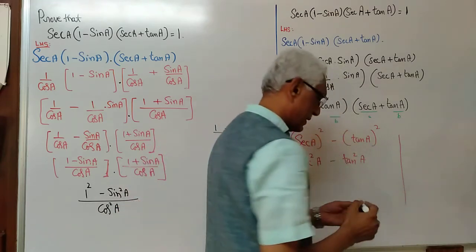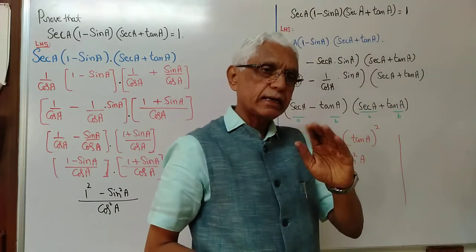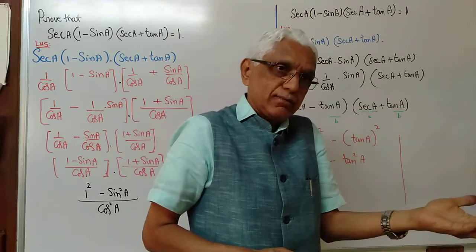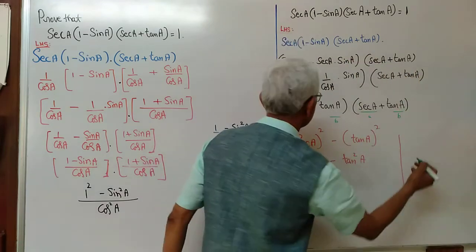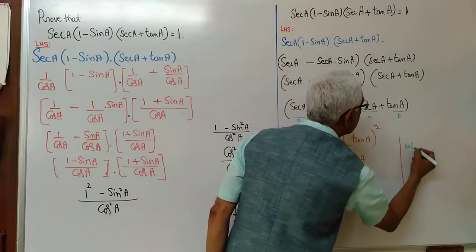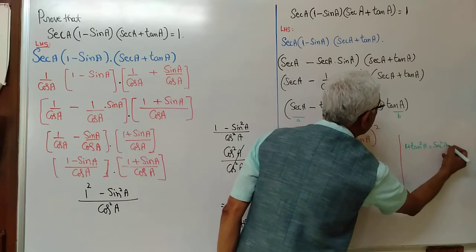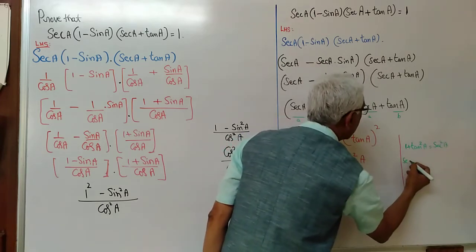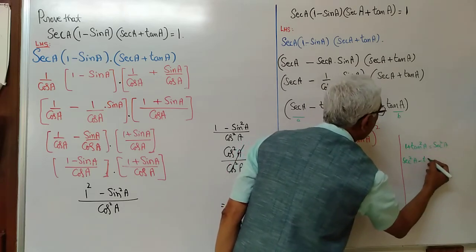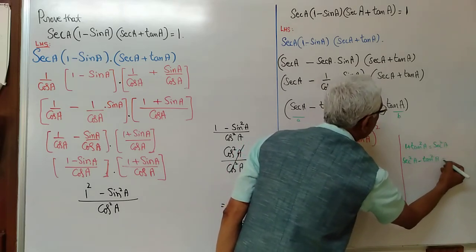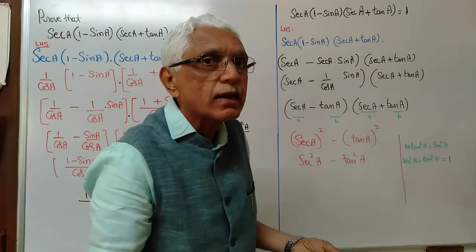But remember, please see the maths. You cannot forget what you have learnt earlier because you are going to make use of all the previous knowledge. My dear children, you had an identity 1 plus tan square A is equal to secant square A. Can I write this as secant square A minus tan square A is equal to 1, taking tan square A to that side?